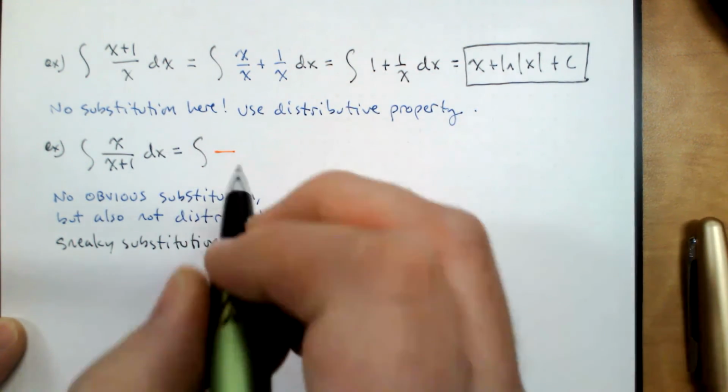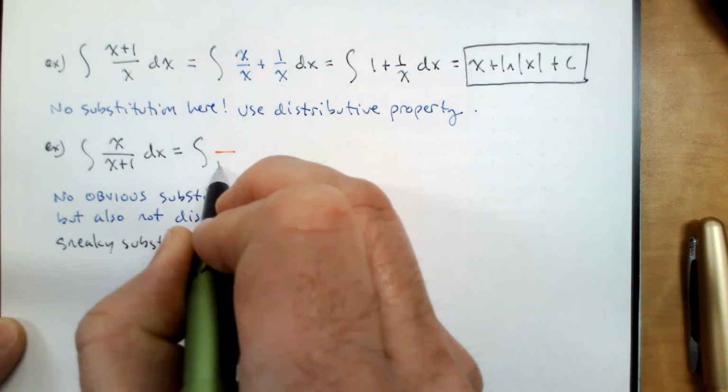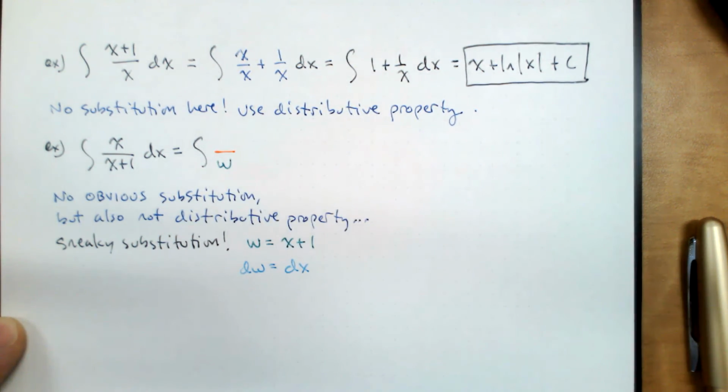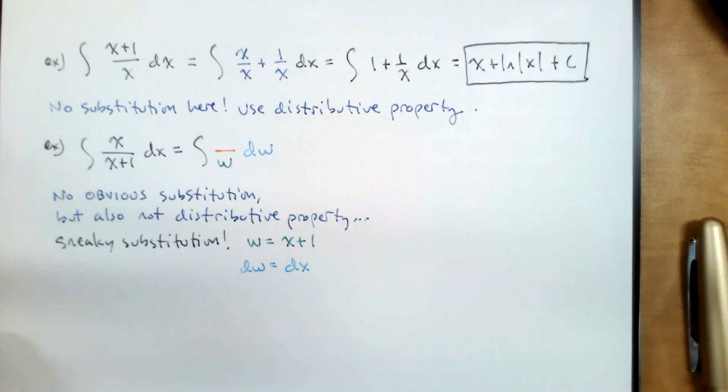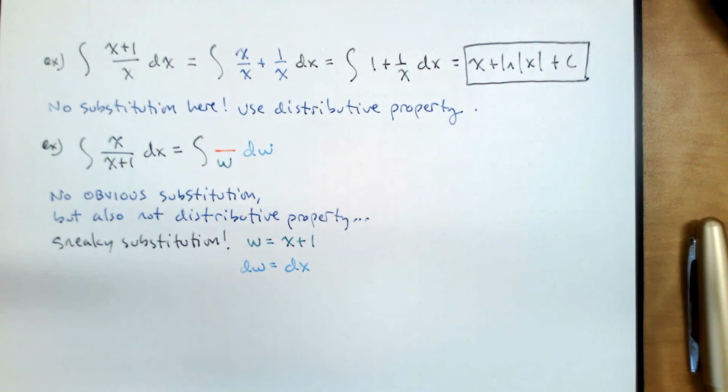So the x plus 1 can get replaced with w, the dx can be replaced with dw, but that doesn't take care of everything. Notice that there's still an x.